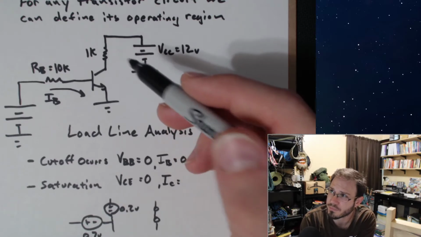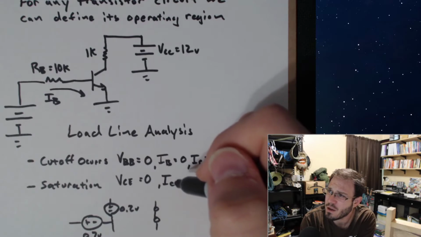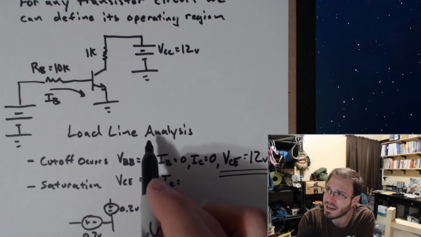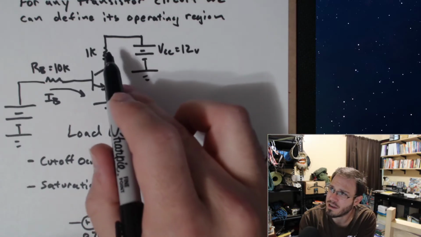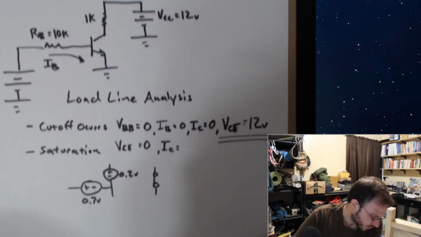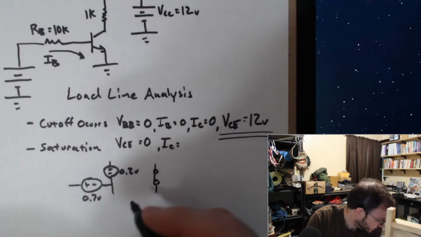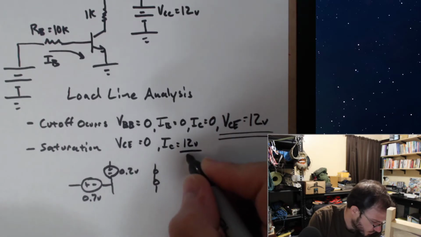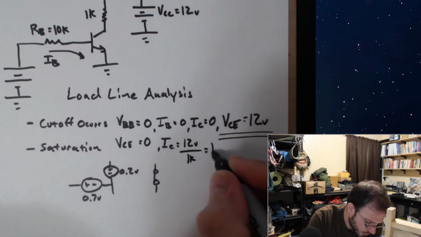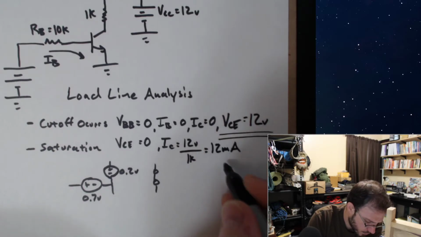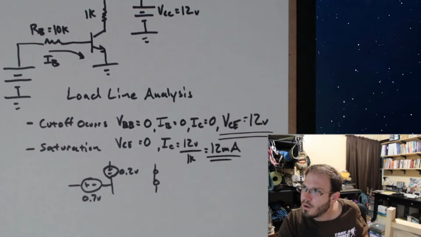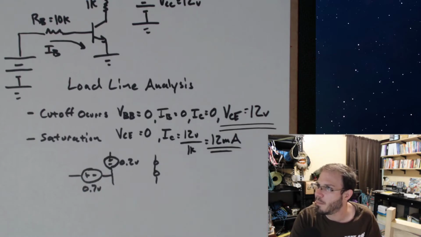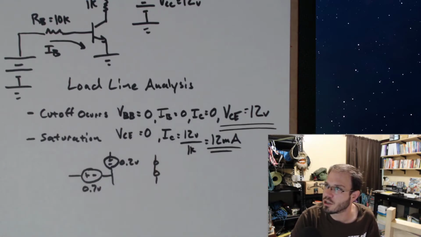So if we want to know what IC is equal to at saturation for the load line analysis, we take 12 volts and divide it by 1K. Okay, so now we have a lower bound and an upper bound, where cutoff occurs and where saturation occurs.